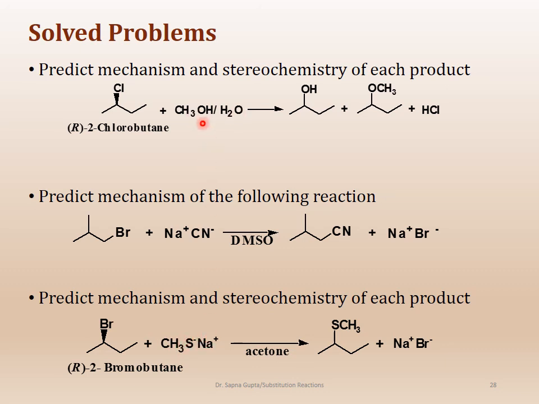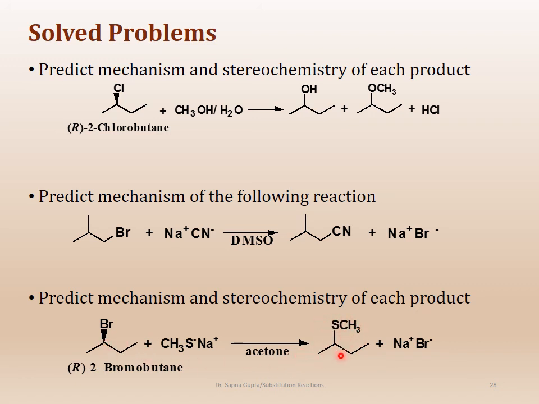In the first example that we did, methanol was just a solvent, whereas here we actually have a negatively charged nucleophile, fairly good. Then acetone, which is a polar solvent, and we end up getting this product where bromine is leaving as bromide, and SCH3 is attached in its place.